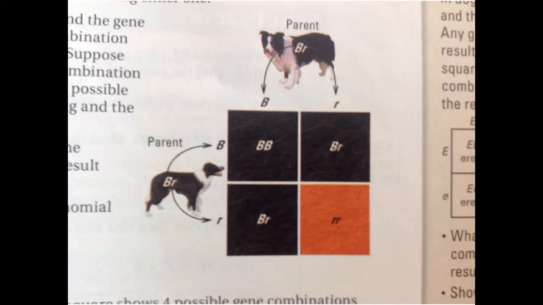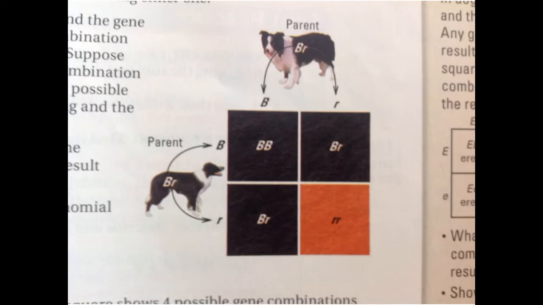The gene capital B is for black patches, and the gene lowercase r is for red patches. Any gene combination with a capital B results in black patches because the capital B, the black, is dominant. That's why they use a capital letter. So if you have a capital B in there anywhere, it's going to be black patches.